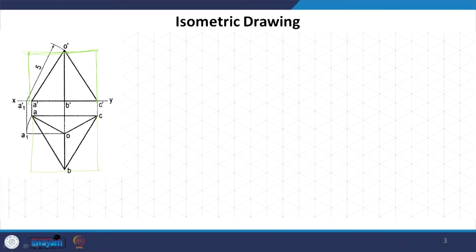In the plan also we draw a rectangle. Now, this is the apex. We can have the distances of the apex in both the plan and in the elevation. This is what we are going to draw when we are going to convert it into an isometric projection.